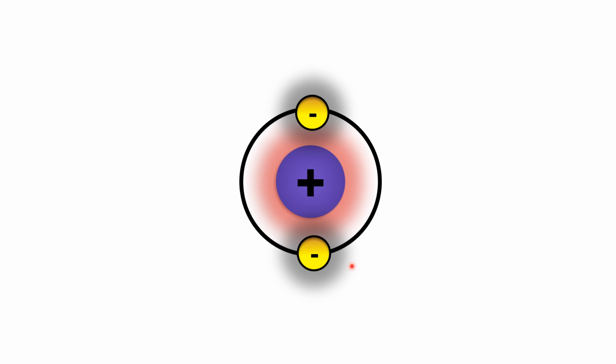So 1s2 means the subshell has a maximum of 2 electrons.